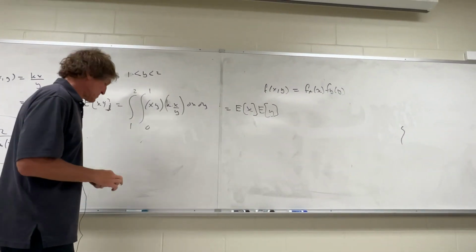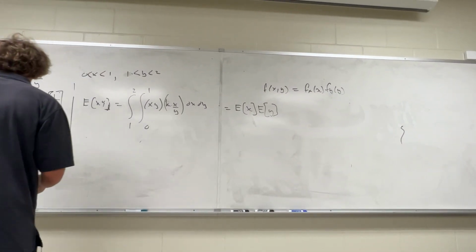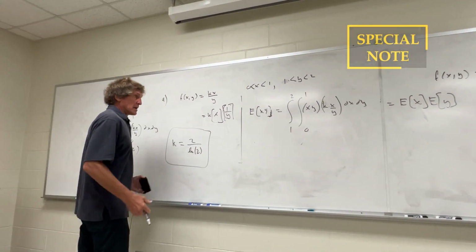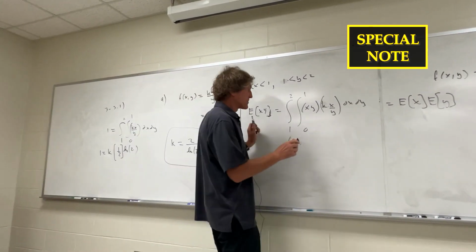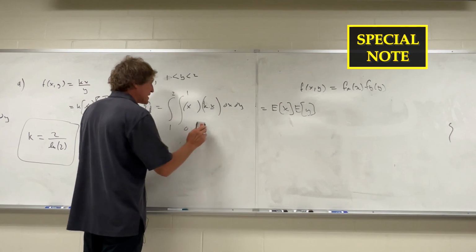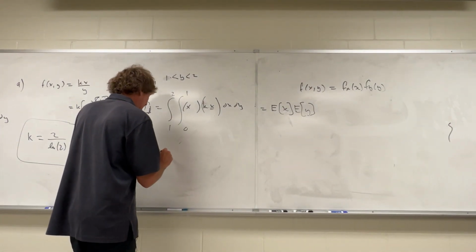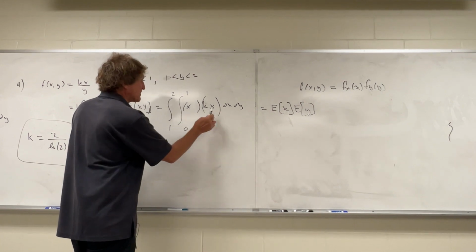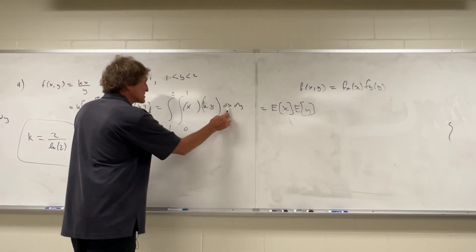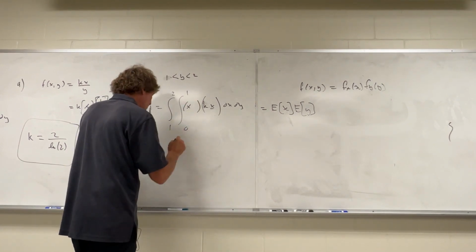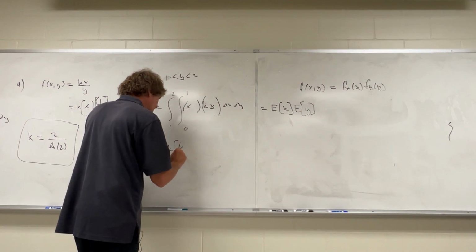But when I do it this way, one thing everybody sees is the y's cancel. So I'm going to just get rid of the y's. Now when I go ahead and do this, I have k out in front. Then I have x squared integrated dx is x cubed over 3 from 0 to 1, which is just going to be 1/3.